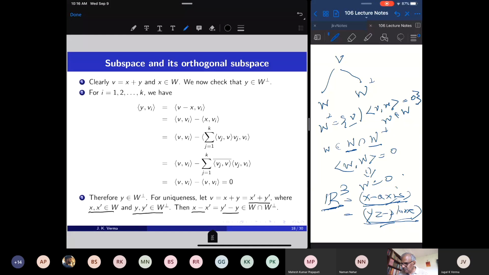But y prime and y are in W perp, x and x prime are in W, and these two vectors are equal. So these two vectors are in W as well as W perp. So it is in the intersection, but we have seen that the intersection of W and W perp is 0. Therefore x minus x prime is 0 and y minus y prime is 0, and so x is equal to x prime and y equal to y prime. Therefore this decomposition is uniquely determined.